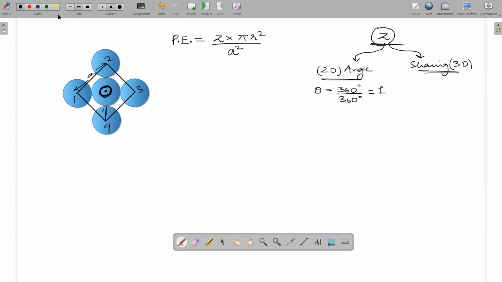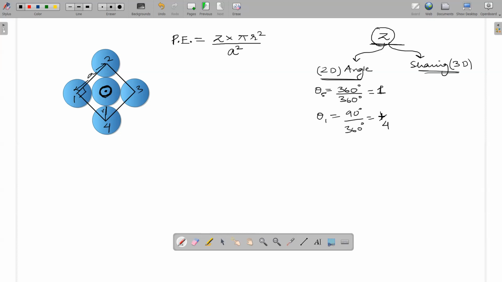That means the sharing of the fifth atom is the whole atom, one atom inside the unit cell. Now we have to choose another atom, either 1, 2, 3, 4, because as you can see, all of them are similar. Let us choose 1. I can see this is making 90 degrees here. For 1, it will be 90 degrees divided by 360 degrees, which is 1 by 4.